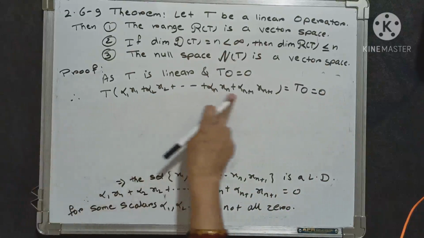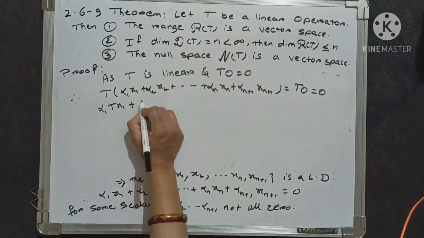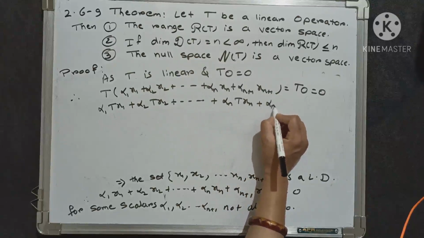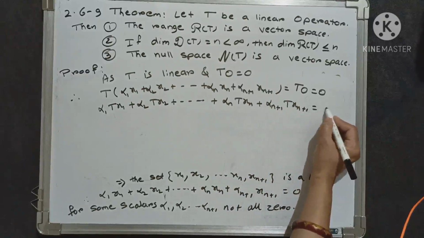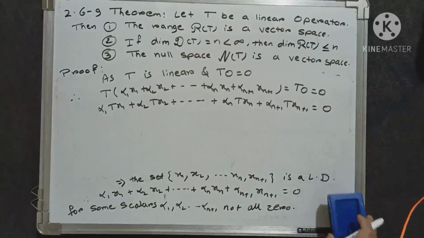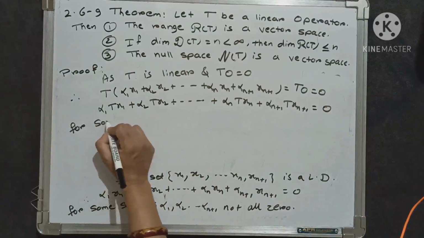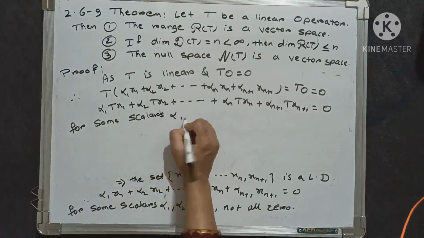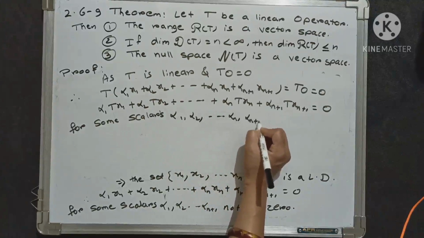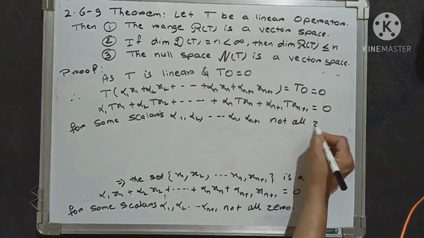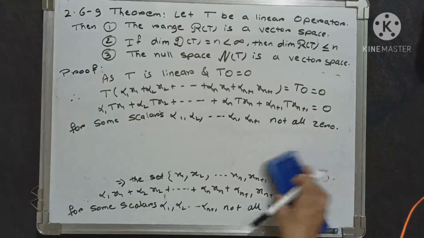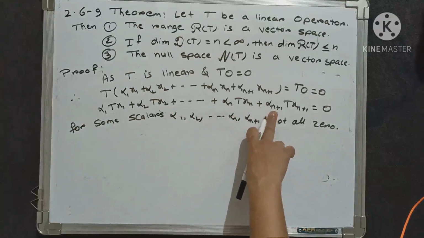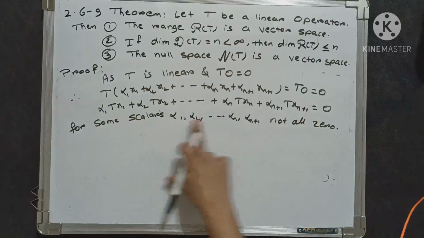Due to the linearity, we can write this as alpha 1 Tx1 plus alpha 2 Tx2 up to alpha n Txn plus alpha n plus 1 Txn plus 1, which equals 0, for some scalars alpha 1, alpha 2 up to alpha n plus 1, not all zeros.